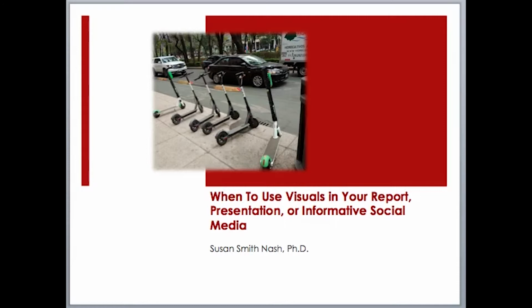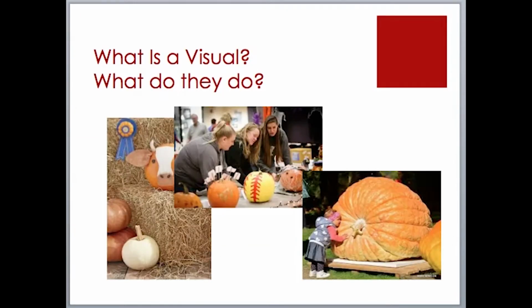So let's move farther and see what we can do with this video. Let's look at some visuals. So what is a visual? Well, a visual is something that captures attention. It's obviously something that you see. It has a shape, a pattern.